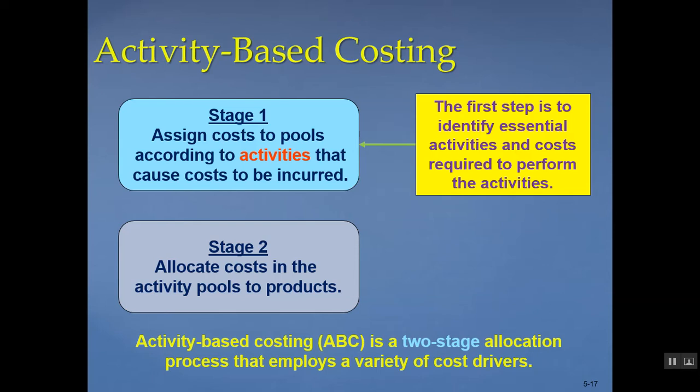Second, we allocate the cost from the specific activity cost pool to products using an activity rate based on the amount of the activity used by the product. So this sounds more complicated than it actually is. Basically what we're doing is we're using the same process that we did in Chapter 4, except we're coming up with multiple rates based on the number of activities and cost drivers that we have.